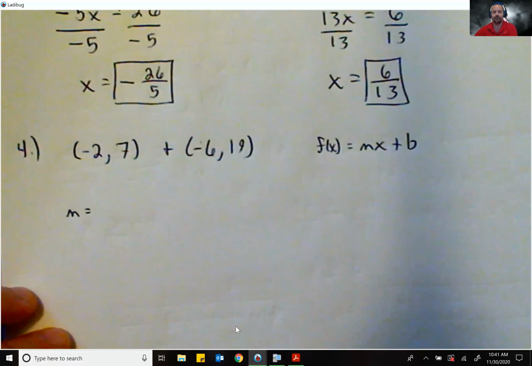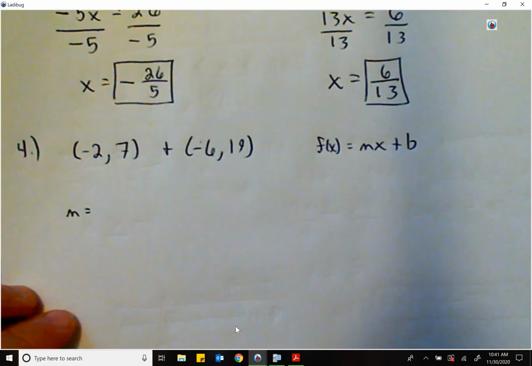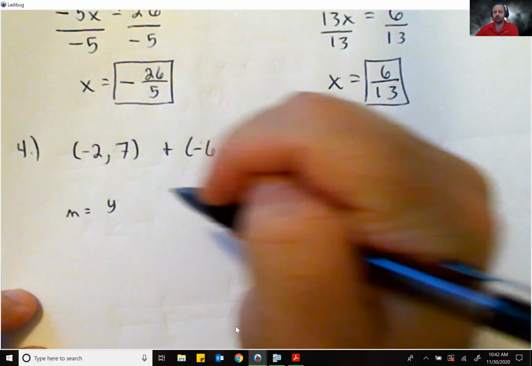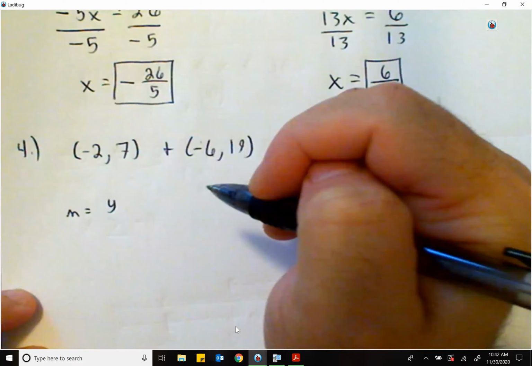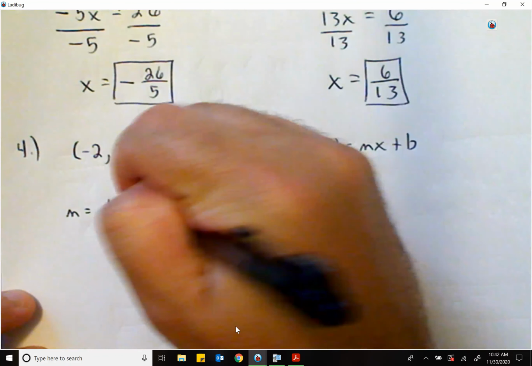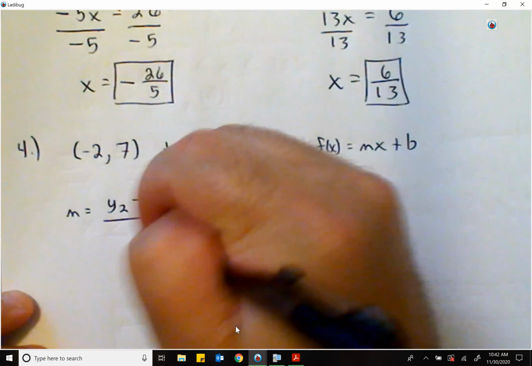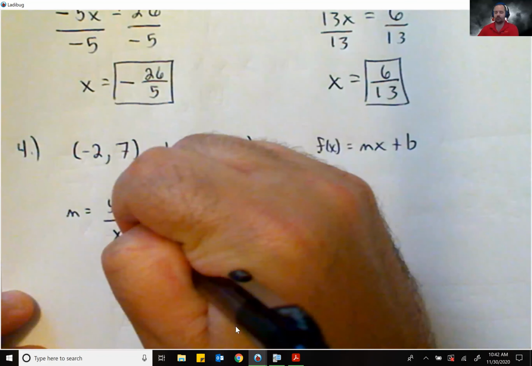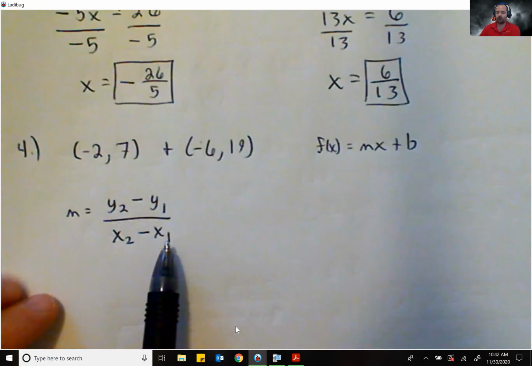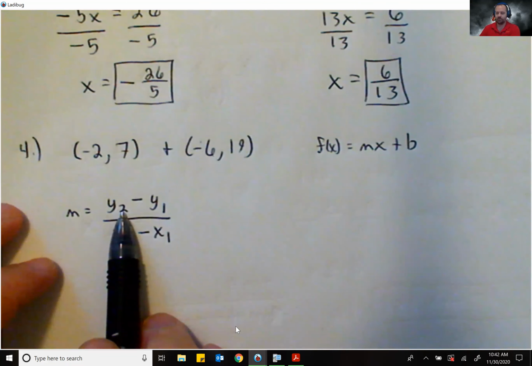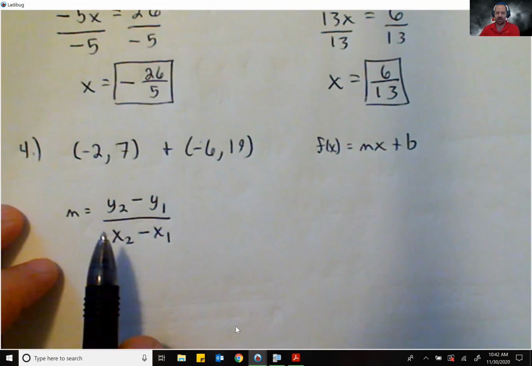What's the formula? y2 minus y1 divided by x2 minus x1. Absolutely. And just so you know, it is a-okay to do y1 minus y2 all over x1 minus x2.